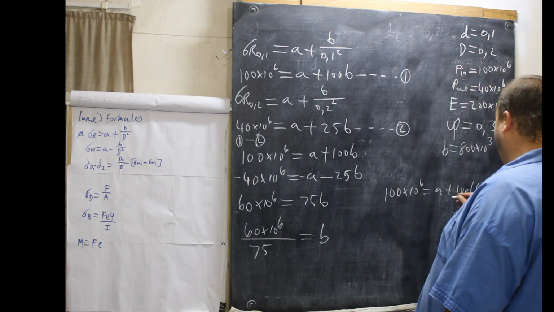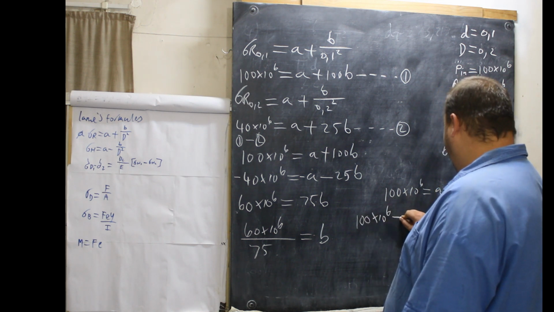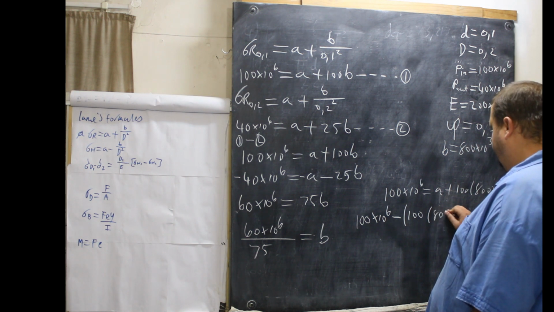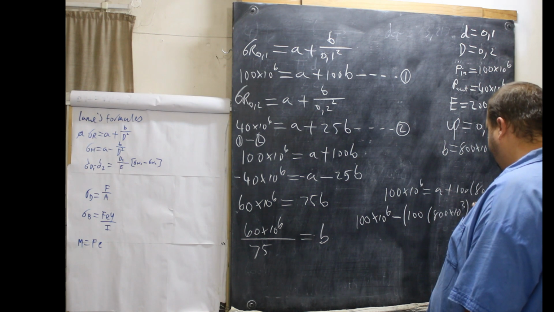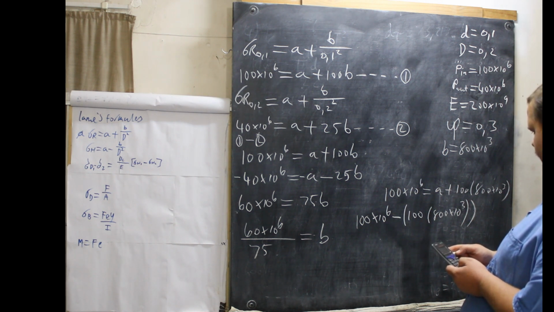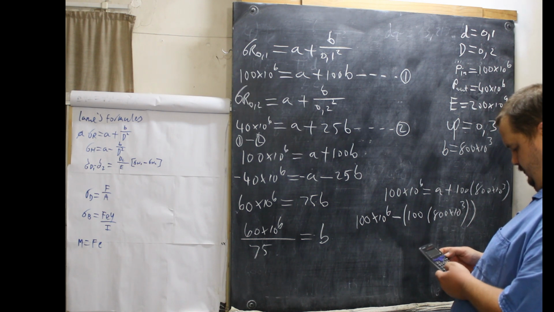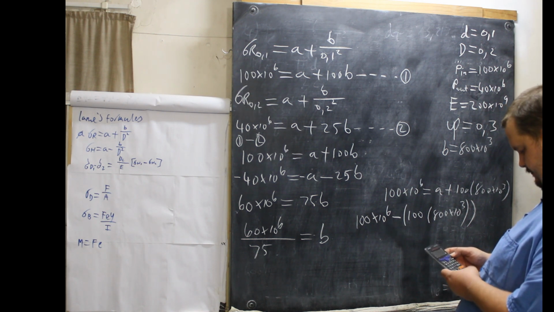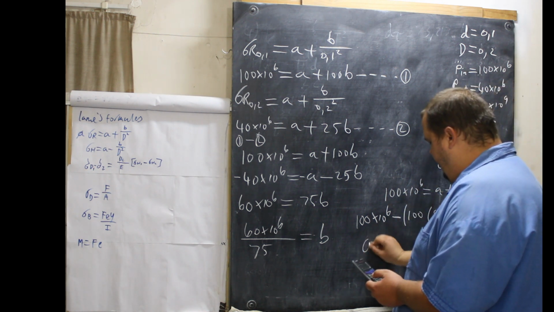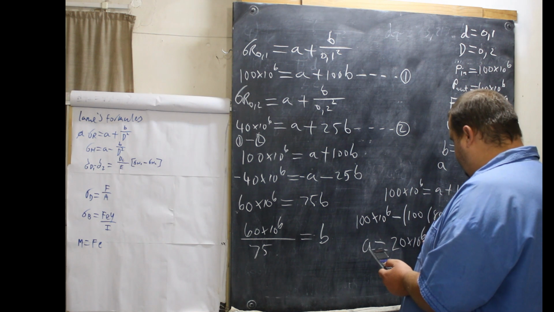Okay, so we want A. So all we have to do is say 100 times 10 to the 6 minus 100 times 800 times 10 to the 3. So A equals 20 times 10 to the 6.